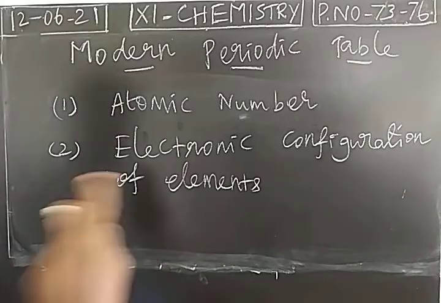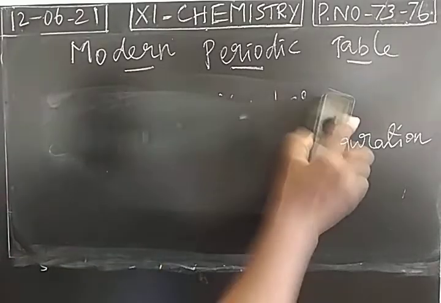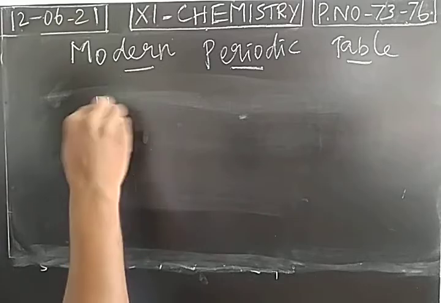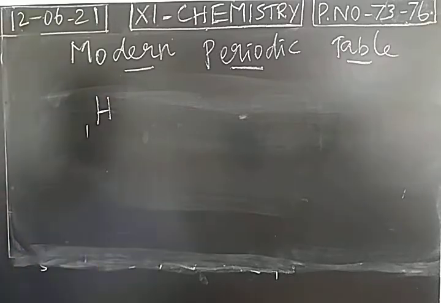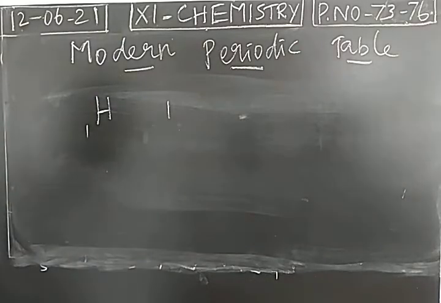Then what is electronic configuration? It is nothing but the electronic arrangement of electrons, that is, how the electrons are arranged in the atoms. In 9th, we studied that if the atomic number is 1, its electronic configuration is written as 1.